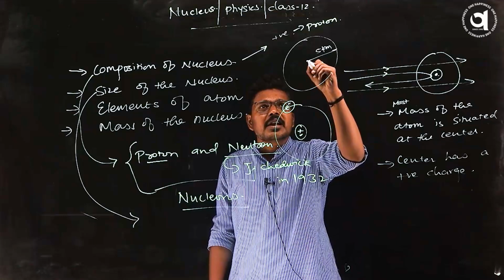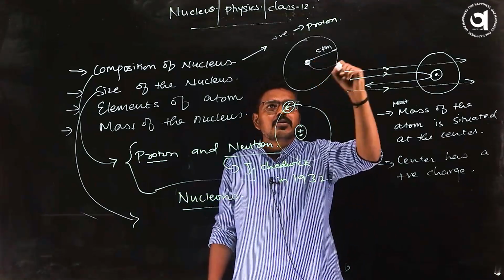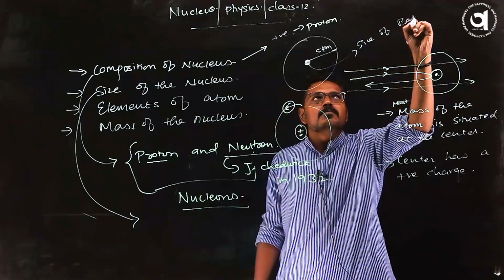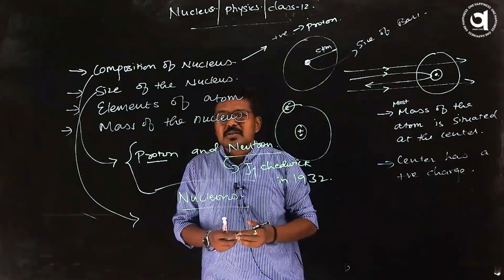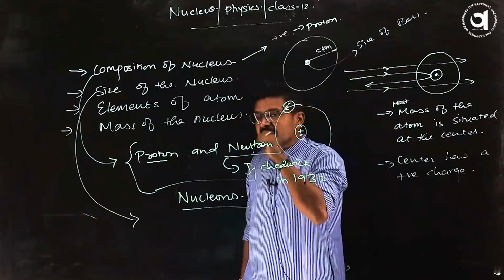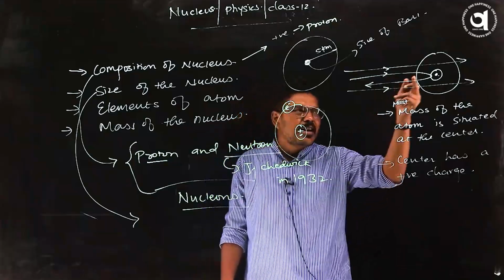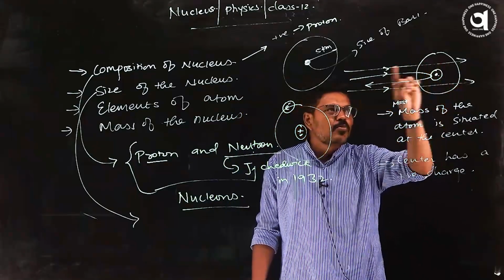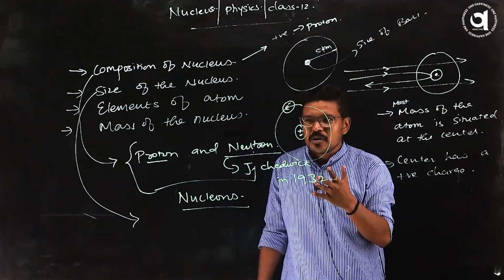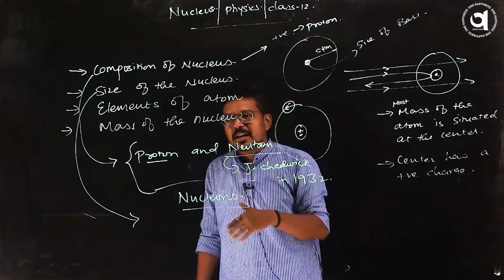Then its nucleus will be the size of a ball. So what we come to know here is that the size of the nucleus is very small. That's why in the Rutherford experiment, most of the alpha particles went through the gold foil and only a few alpha particles were returning back.